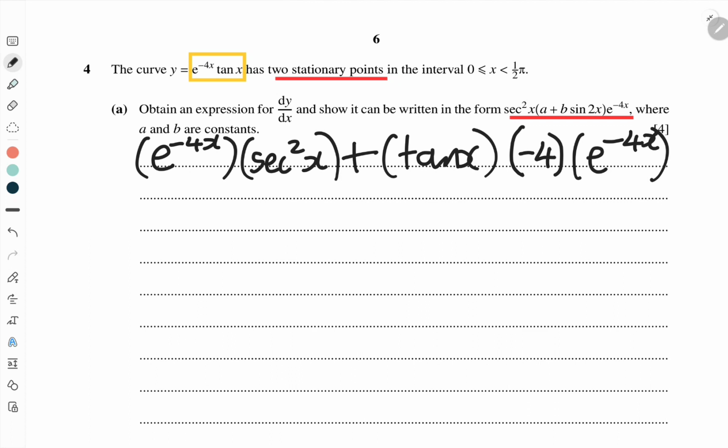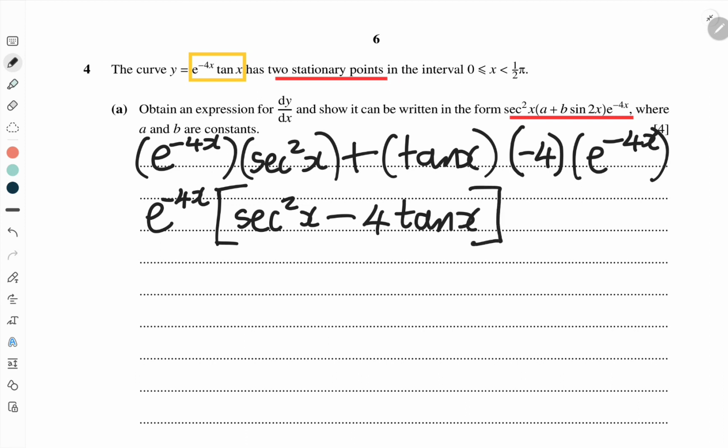Okay, then we simplify. I am noticing that we can factor out e to the negative 4x. So here we are, e to the negative 4x goes outside, and I now have sec squared x minus 4 tan x.